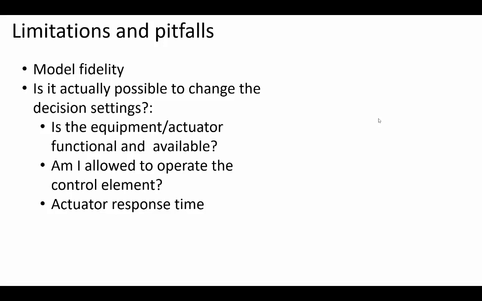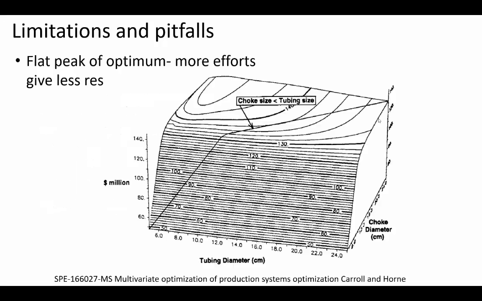If you develop, for example, an optimization scheme based on control, and I need to control some variable, and I'm not allowed to because that variable is controlled by the system of another vendor, then I won't be able to do it. Or also the response time of the actuator, especially for control of dynamic optimization schemes.